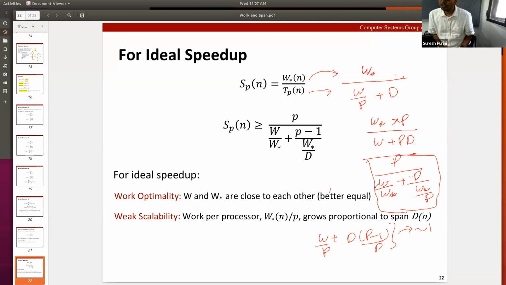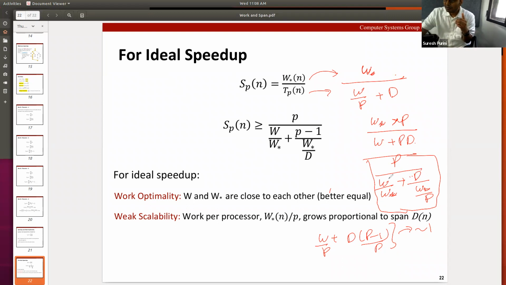Even if it is constant, it is great. If the denominator contains some function of n, like square root of n or log n, then as the problem size increases, the speed up that you can get goes down.